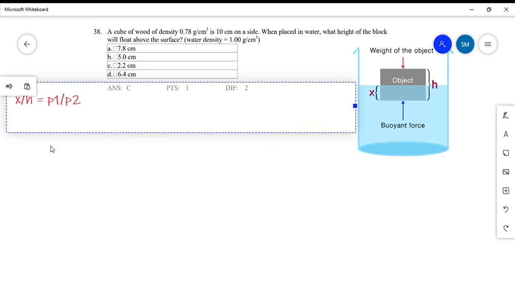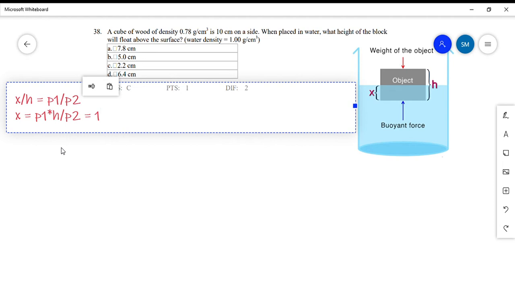So if you want to calculate X, which is the part which is immersed in water, you will make X equal to the density of the object times h over the density of the liquid, which is P2.